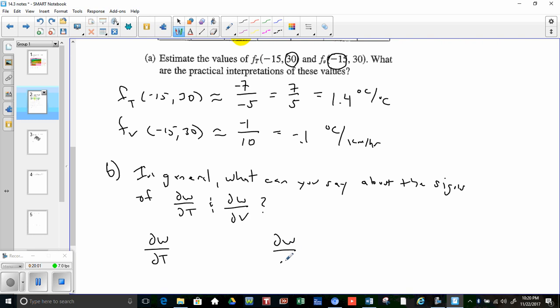Is this positive or negative? We're basically trying to figure out if the slope, the partial with respect to t, is positive or negative, and the same thing with wind speed. So let's take a look.